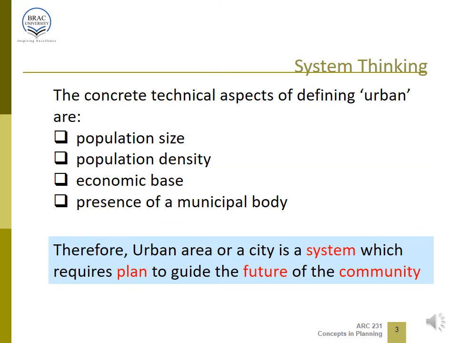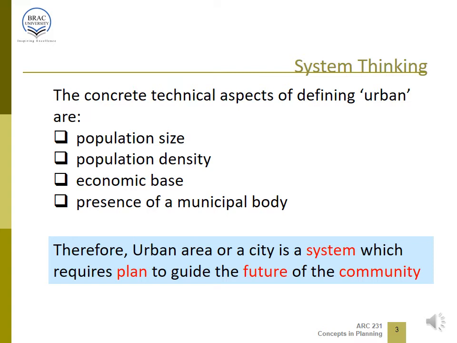But the informal definition of urban is characterized by four different parameters. Once we call a place urban, we have to think about its population size. We have to think about the density.